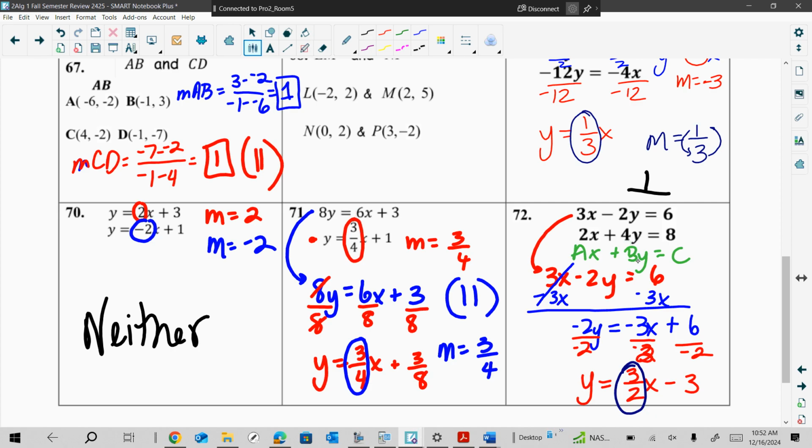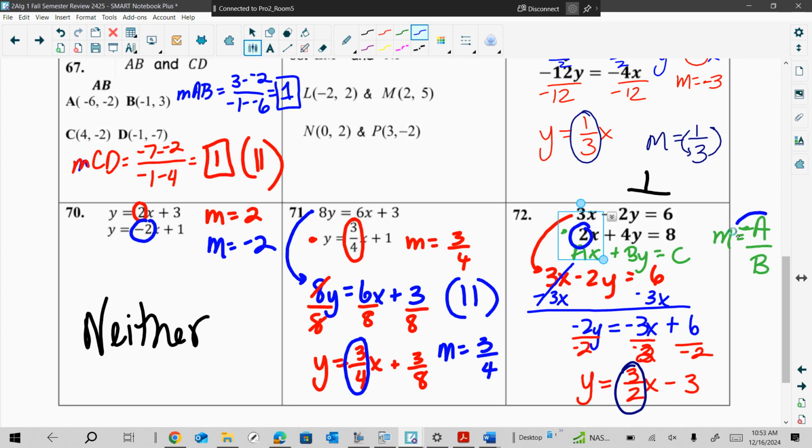Whenever I'm finding the slope in standard form, the shortcut is negative a over b. So in this second equation, what value is a? 2. What value is the b? 4.